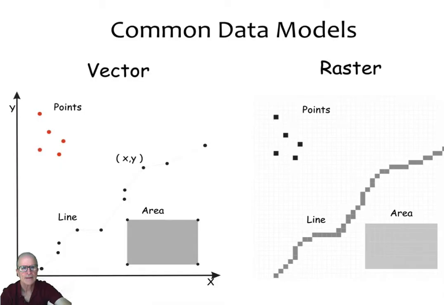There are two main data models we use here. There's a vector data model where we use points, either alone, connected in a line, or combined around an envelope to enclose an area to identify features. The other is a grid. We have a grid with cells. It's a checkerboard.